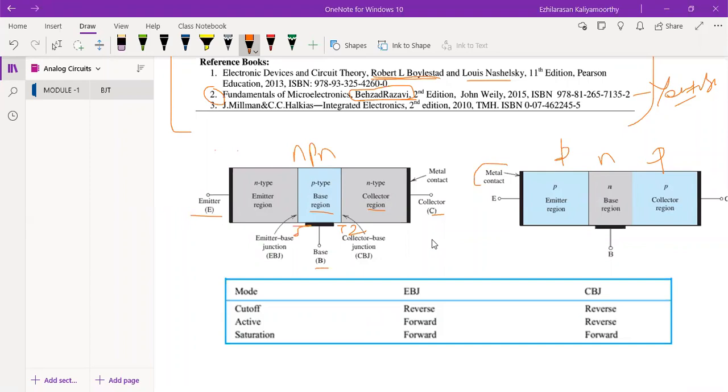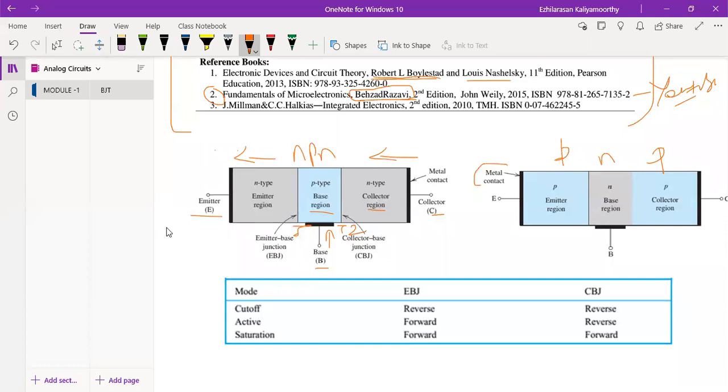Next, if we talk about the currents: the current which enters into the base, the current which leaves from the emitter, and the current which enters the collector.